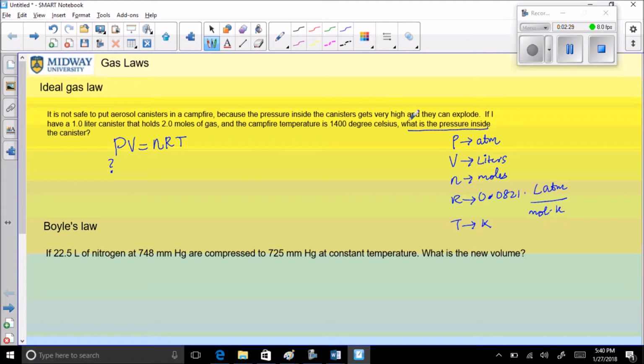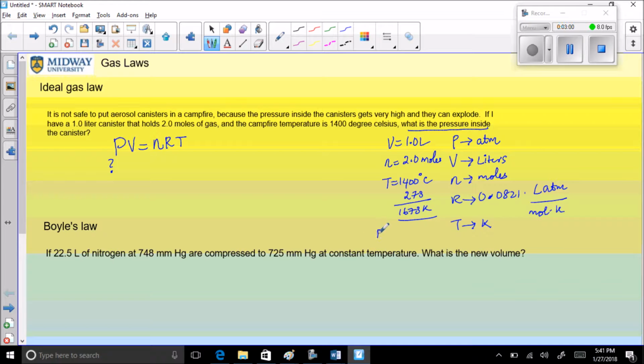We know volume is given to us, which is 1 liter. We are given moles: n is 2 moles. And we know temperature is 1400 degrees Celsius, but we want it in Kelvin, so we add 273 to it. So it will be 1673 Kelvin.